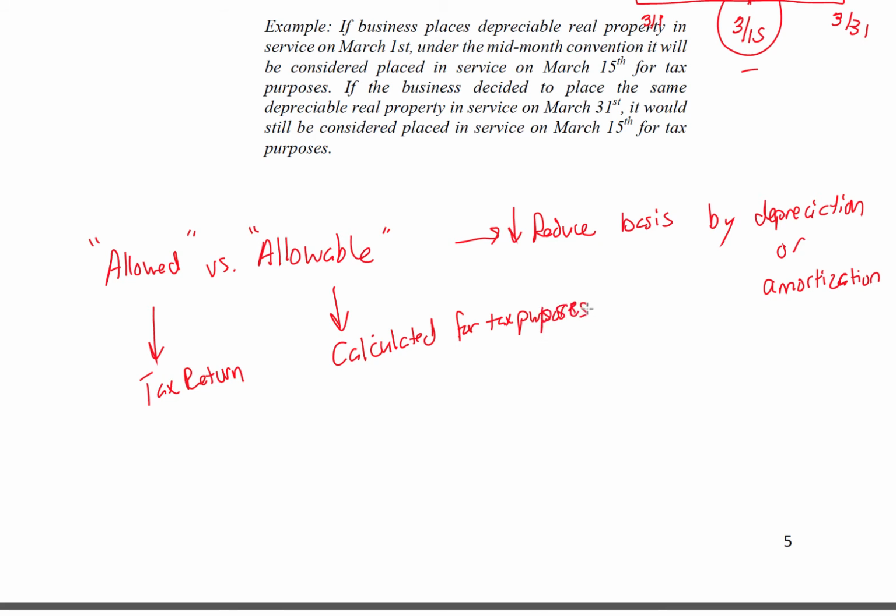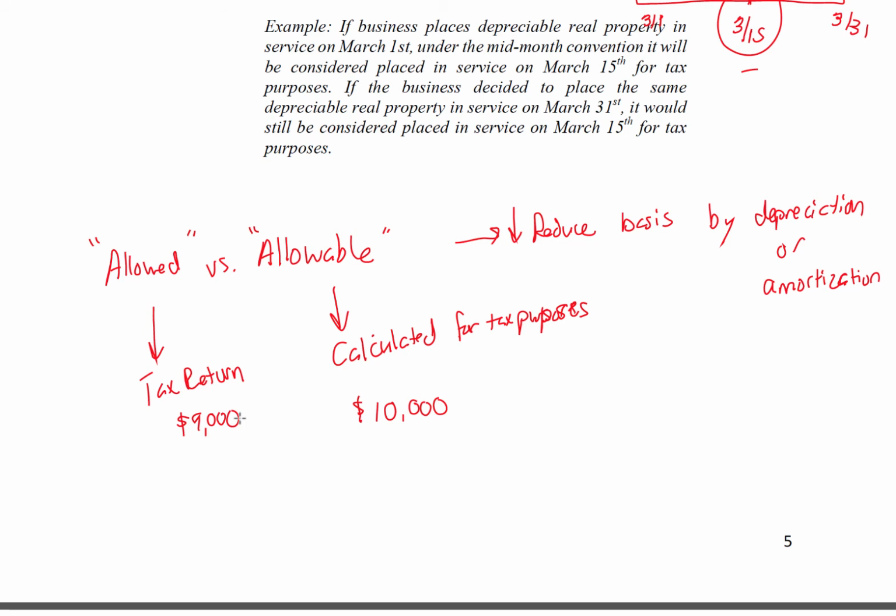So you might calculate, let's say, $10,000 of depreciation, but you make a mistake and you only take $9,000 on your tax return with respect to an asset.